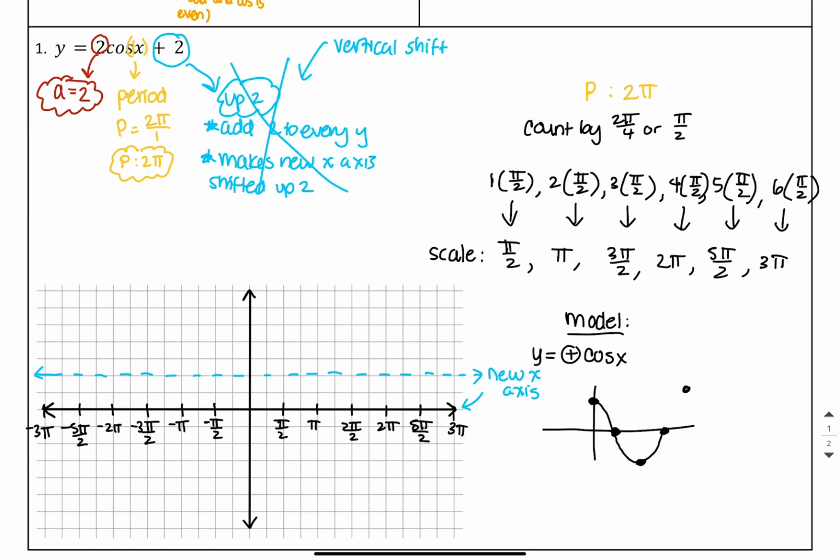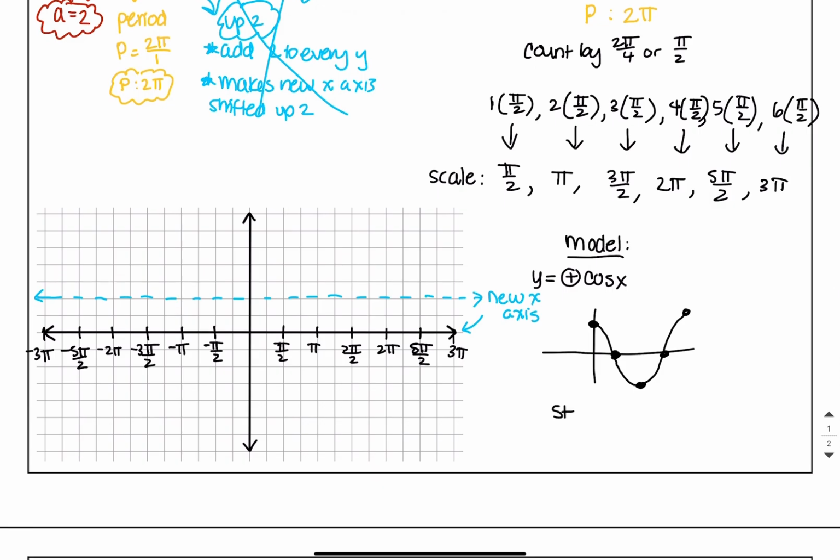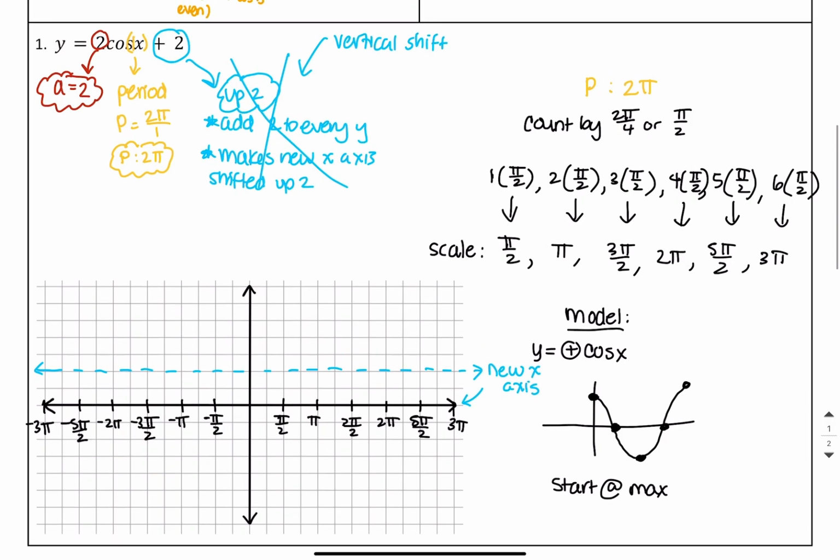So it's going to look like this. That's what the shape looks like, which means for this graph I'm going to start at the maximum. The maximum is up from the new x-axis, so up to right here. And that's going to be at 4, really, for y.